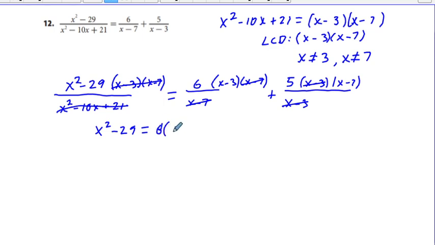I have to write a little bit slow because of the glitchiness of this thing. Plus 5 times x minus 7.